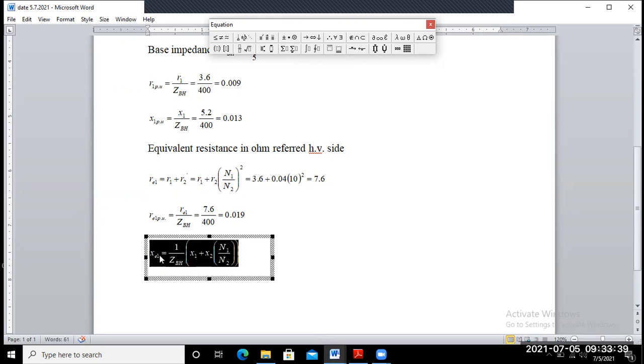So Xe1 in per unit equals 1 by base impedance into X1 plus X2 into (N1 by N2) whole to the power 2.